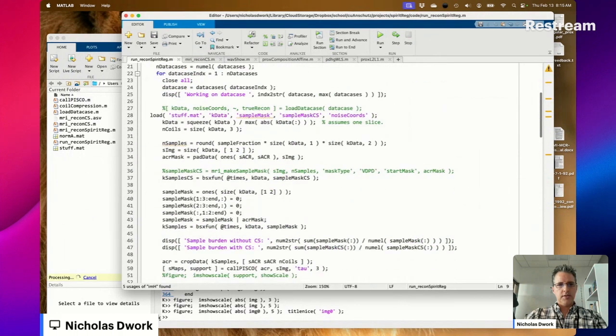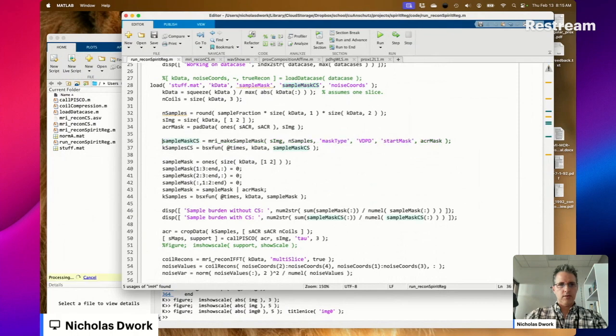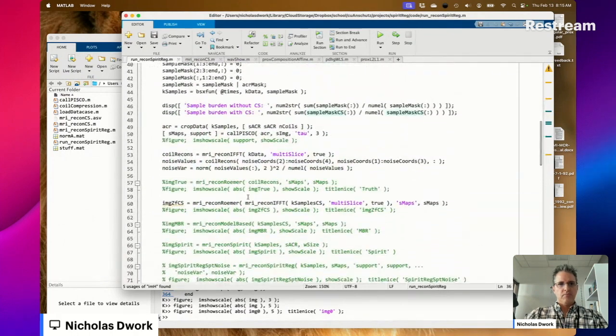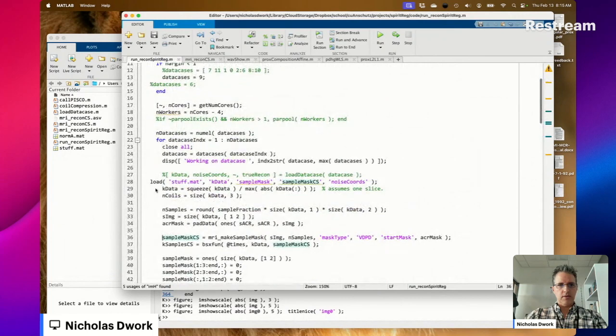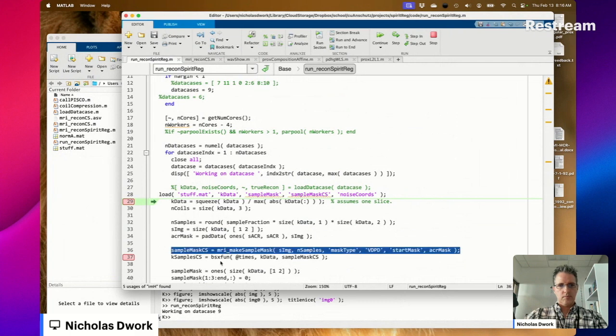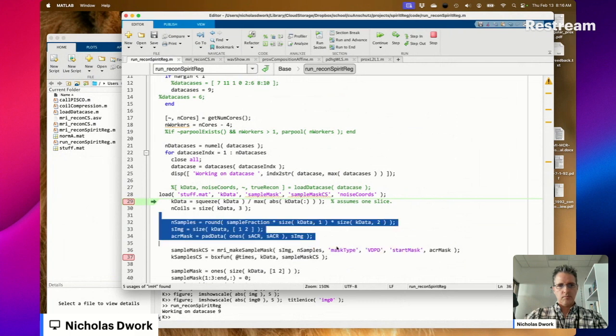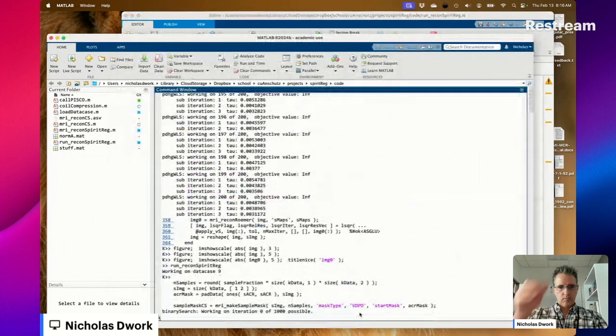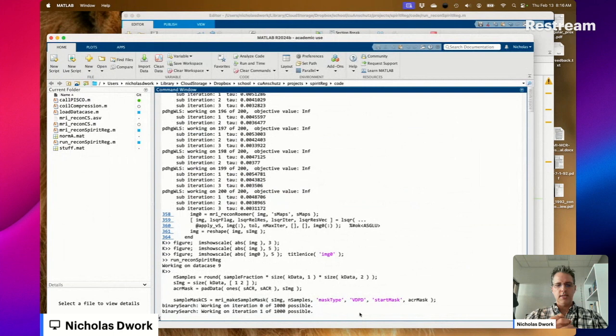What happens if we reduce the sample fraction to some extreme amount? Not extreme, just a reasonable amount. So we're going down to 30%. This is a version of parallel imaging with compressed sensing.